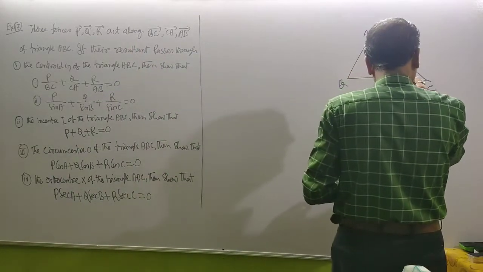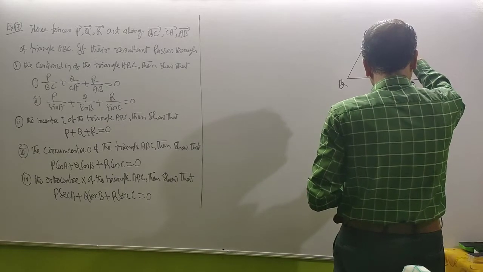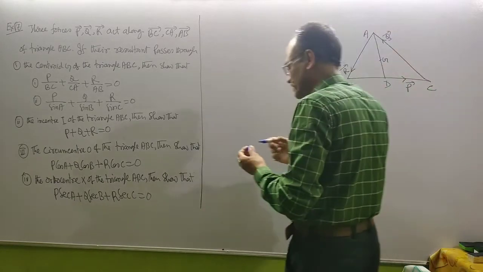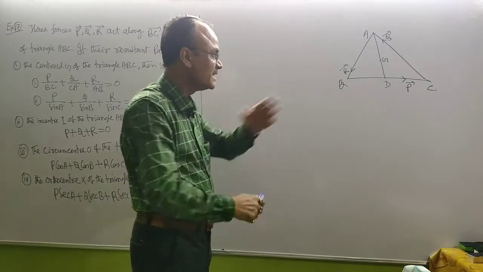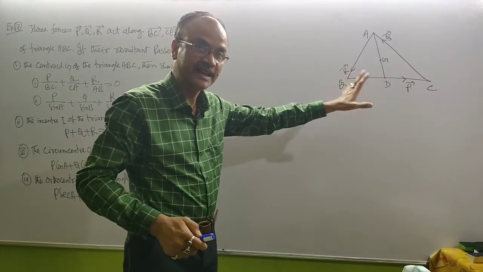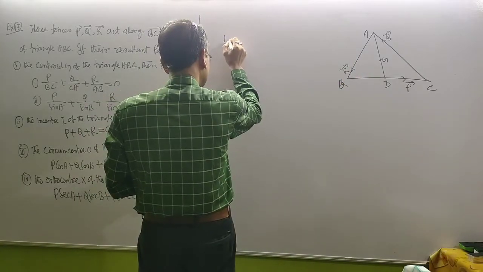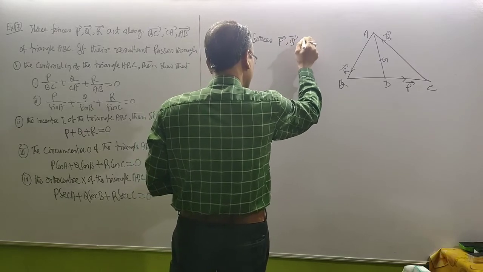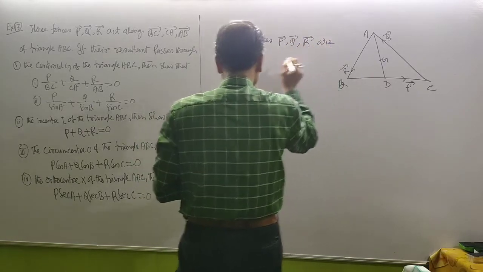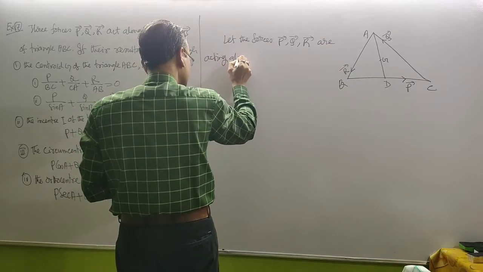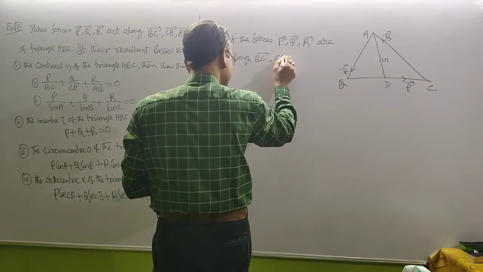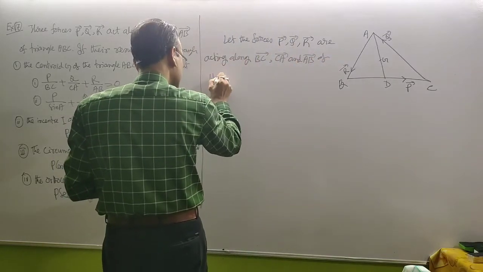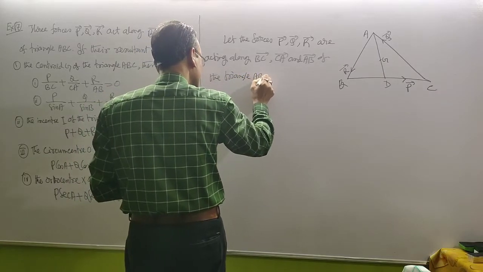And forces P, Q, R are acting along this. Let the forces P, Q, R be acting along BC, CA and AB of the triangle ABC.